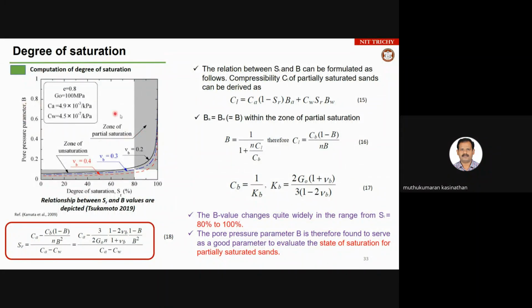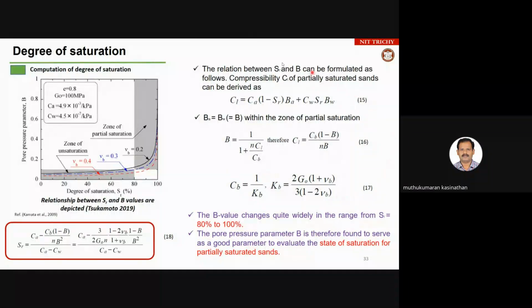If B is high, pore pressure will be high. If B is low, pore pressure will be low, and then the chance for liquefaction will be almost insignificant. So we are basically worried about this area, 80 to 100. We want to work on this area, where you need to introduce calculated air bubbles to see the response.